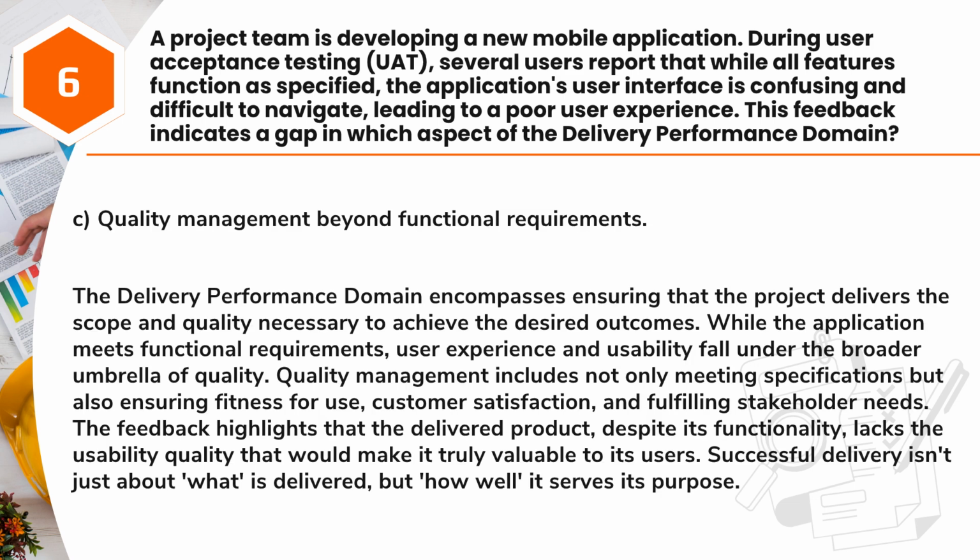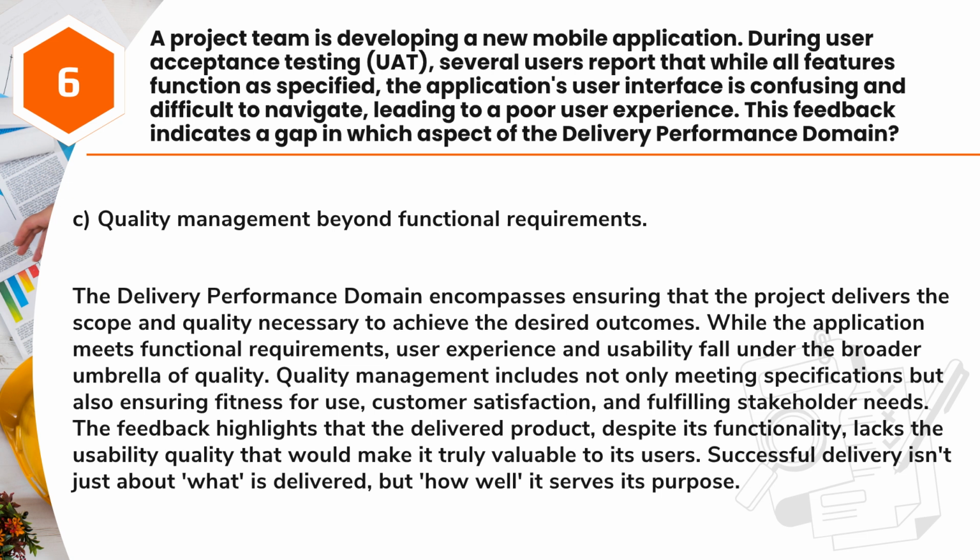Answer: C. Quality management beyond functional requirements. The delivery performance domain encompasses ensuring that the project delivers the scope and quality necessary to achieve the desired outcomes. While the application meets functional requirements, user experience and usability fall under the broader umbrella of quality.